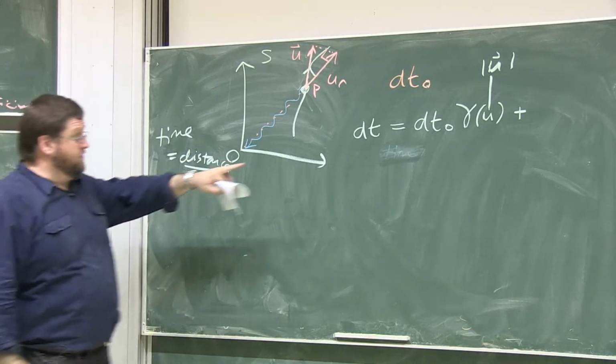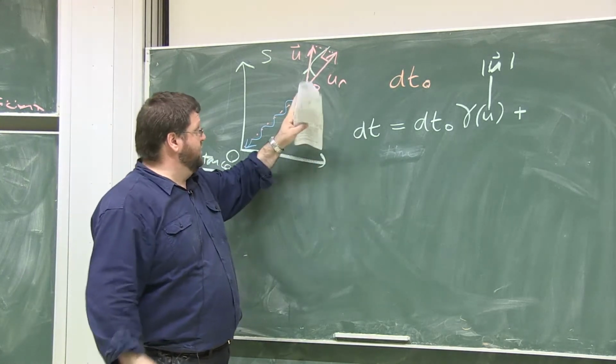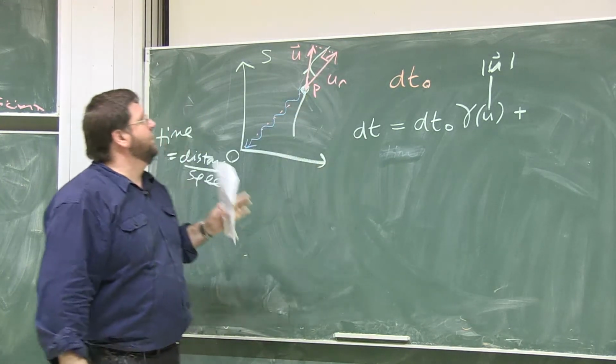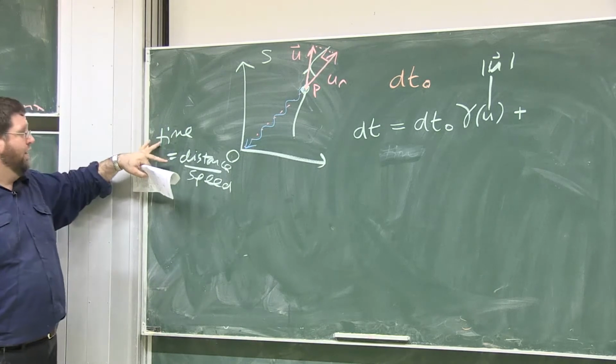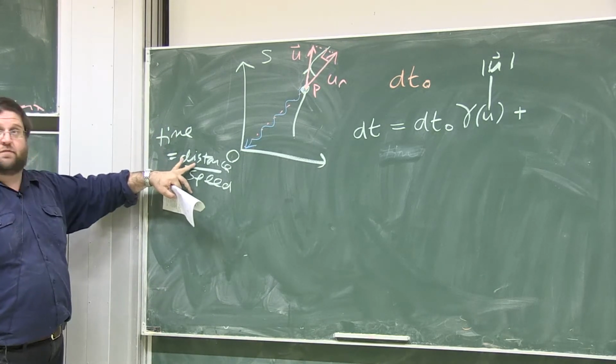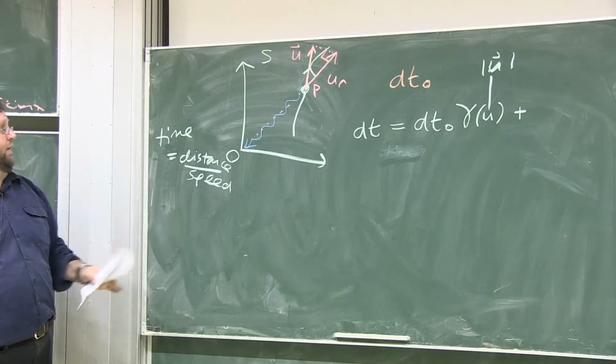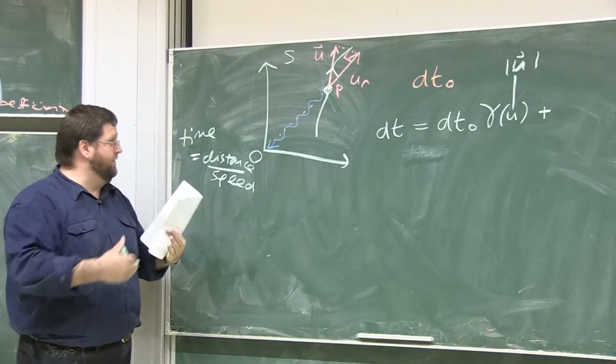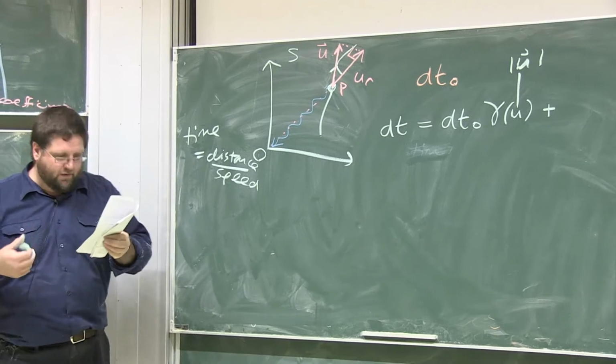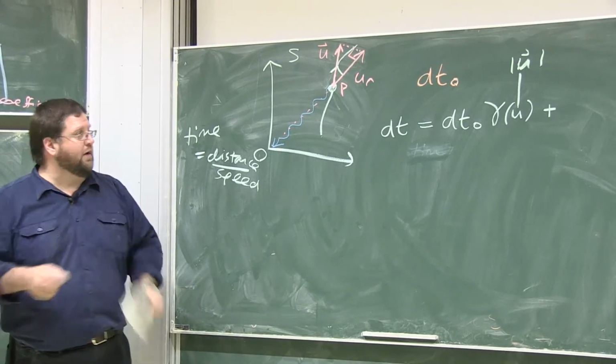So there's going to be an additional time. Let's imagine that UR is positive. Then there's going to be an extra time lag due to the extra radial distance travelled by the source at a given speed. If UR is negative, this will still work, provided I work with signed scalars.